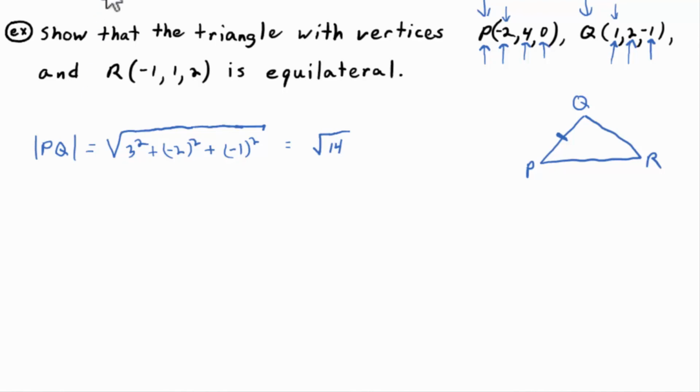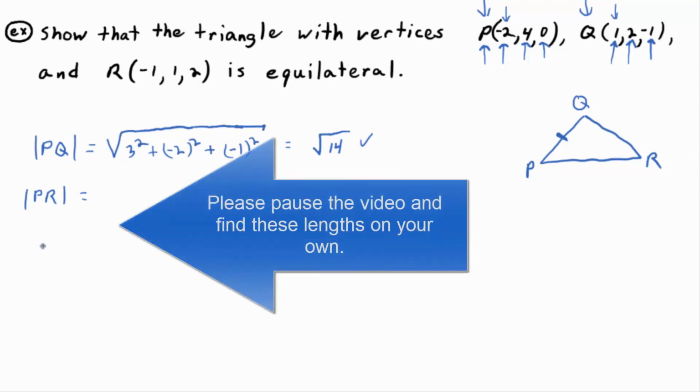Okay. So let's have half the class find PR, that distance, verify that it is root 14, or maybe it's not, and then it wouldn't be an equilateral triangle. And let's have half the class find QR.